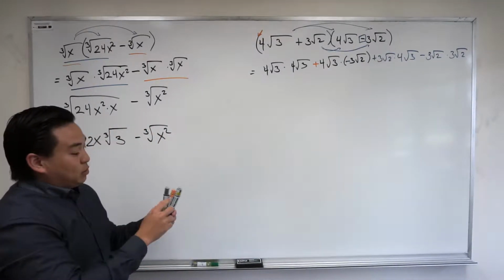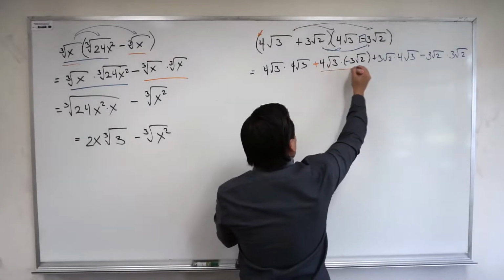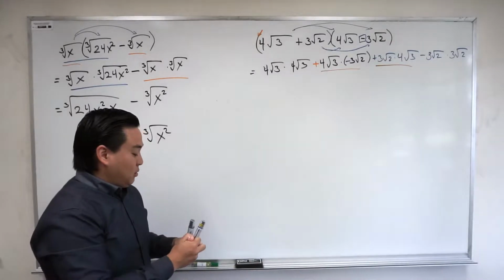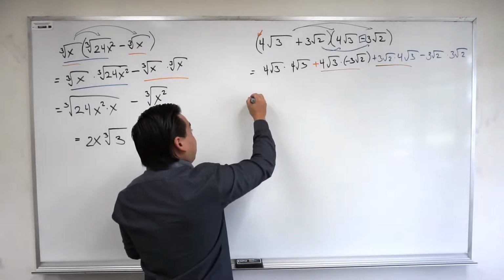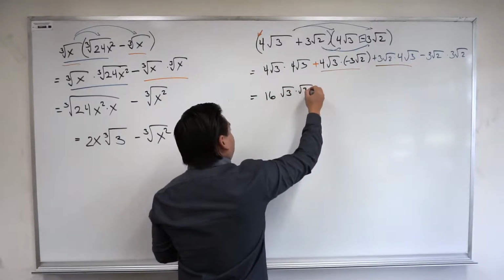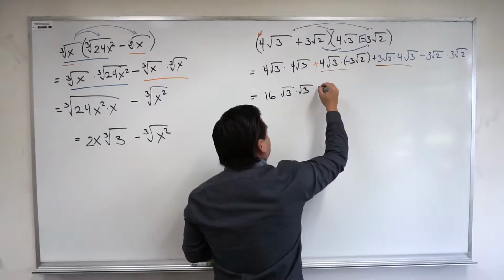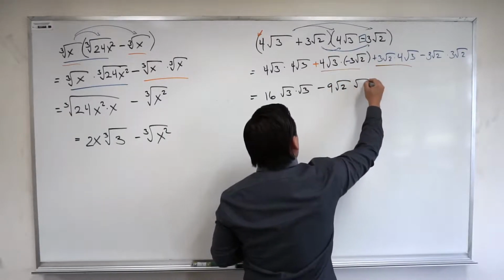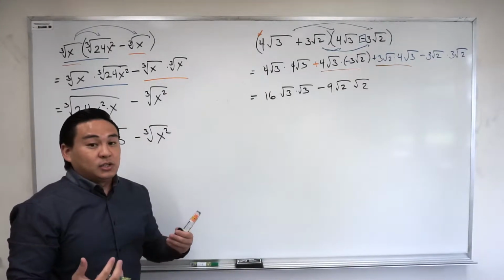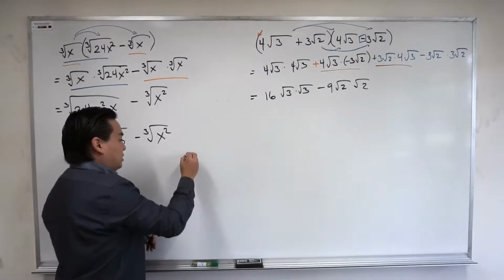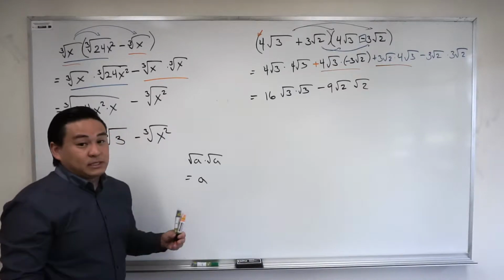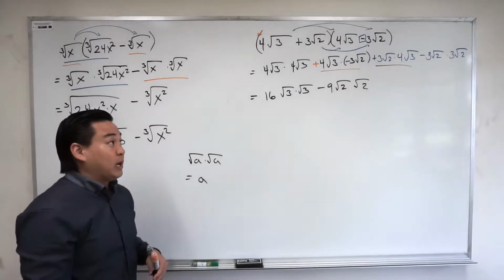So the two middle parts, right? This one over here and this one, they're the same but different signs, so they cancel. And all we're going to be left with is the first part, which is 16 square root of 3 times square root of 3. And then the second part on the right, which is negative 9 root 2 root 2. But if we put those together, then you get 2 3's on the inside. So if you have the product of two numbers, the square root of a times the square root of a is going to just be a, because the square roots are going to cancel, similarly to the way that we had it before.